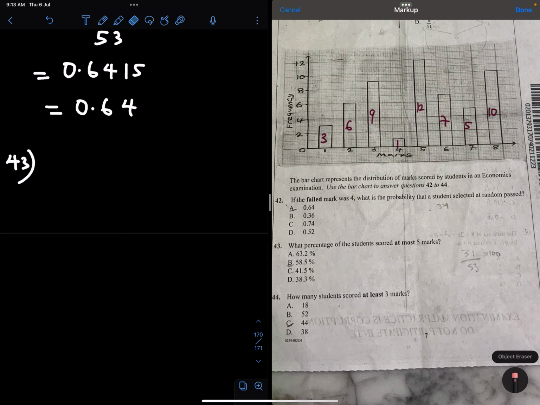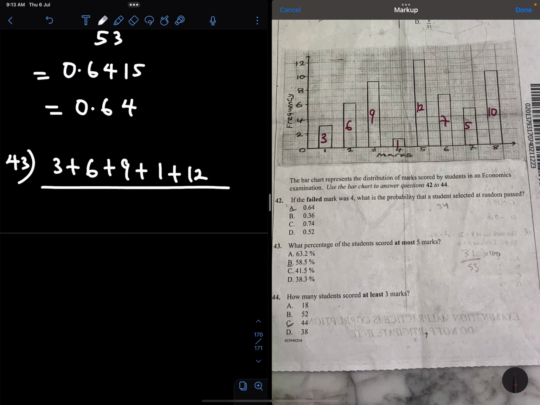The number of students who scored 5 or less is 3 plus 6 plus 9 plus 1 plus 12, which is those who scored 1, 2, 3, 4, and 5, divided by the total number of students, which is 53, times 100%.